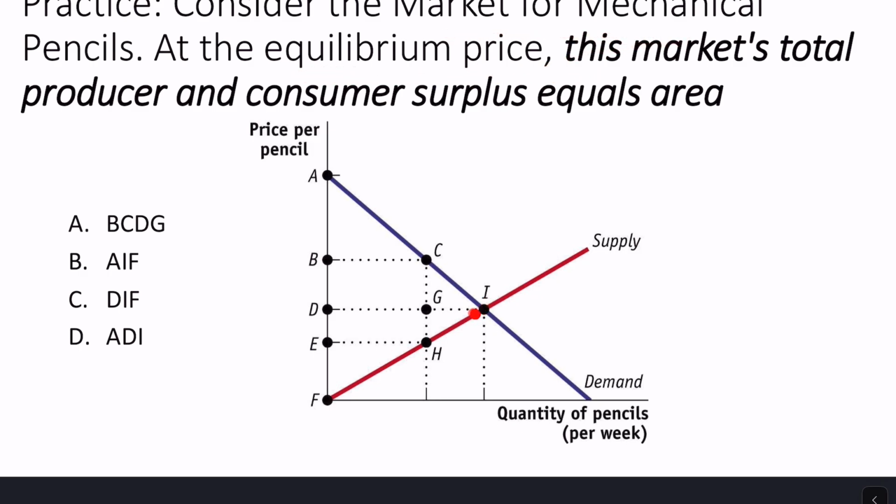So we're talking about supply crossing demand here at a price of D and a quantity right here, right? This market's total producer and consumer surplus equals what area? So I'm asking you for the total surplus here. And you know that the total surplus is going to be everything below demand and above supply up until that quantity that's sold. And so we're looking for this area of this triangle here.